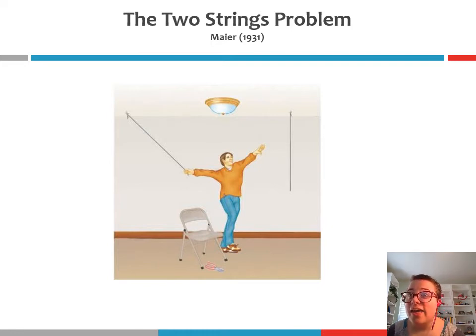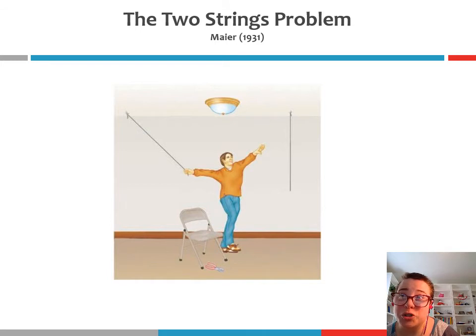Right? The second thing to notice is that when Meyer, 1931, took another group of participants and asked them to solve the problem, instead of just leaving them to their own devices, this researcher tapped one of the strings so that it started swinging back and forth.